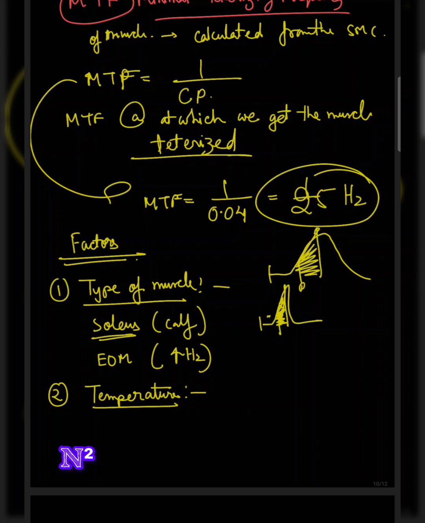If you are increasing the temperature, you will tend to get a higher frequency, so sorry, MTF is inversely related to temperature. That means if you are increasing the temperature, there will be lesser viscosity, the transmission will be very easy, so you will need a higher frequency rate.